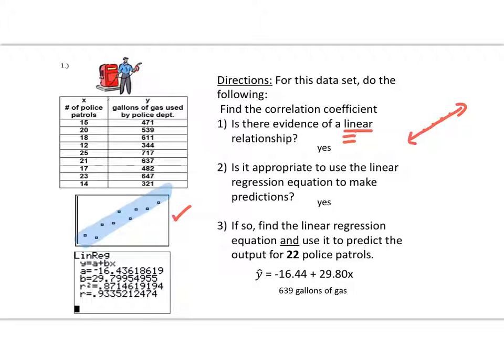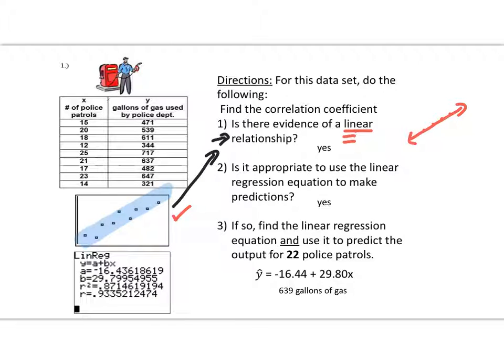So when I look over here and say, is there evidence of a linear relationship, I'm getting that from my graph. Yes, there is. Now, I want to put some numbers to this. So down here, I have the printout from what happens when I have the calculator compute what we call the linear regression. Now, in your calculator, you're going to have two possibilities for that.